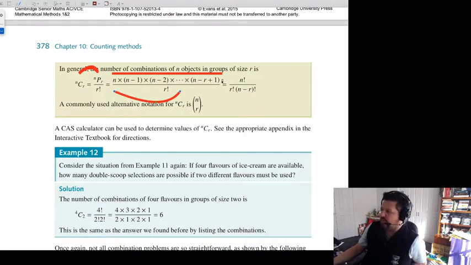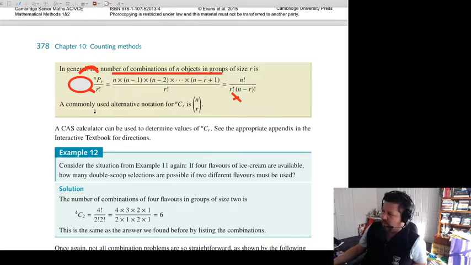Also, building this even further, the number of combinations is equal to n factorial on the top line divided by r factorial multiplied by n take away r factorial, and that'll come in useful with the next example. Sometimes in maths you see things a little bit differently.